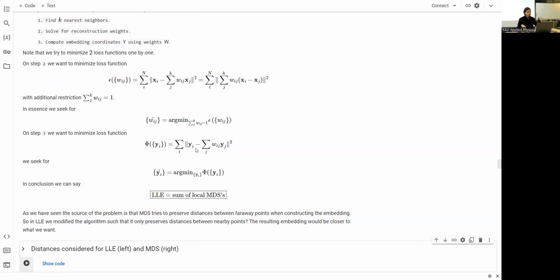So I'm putting them into the plane, and now I'm using these weights I have calculated on the previous step. So I have these w's, and I'm searching for positions of the points y's such that they minimize this sort of discrepancy between the point and its neighbors on the plane.